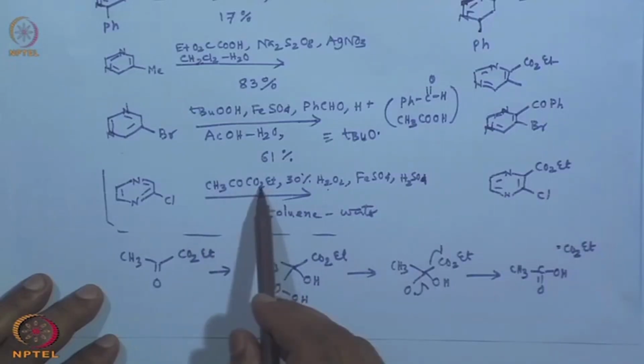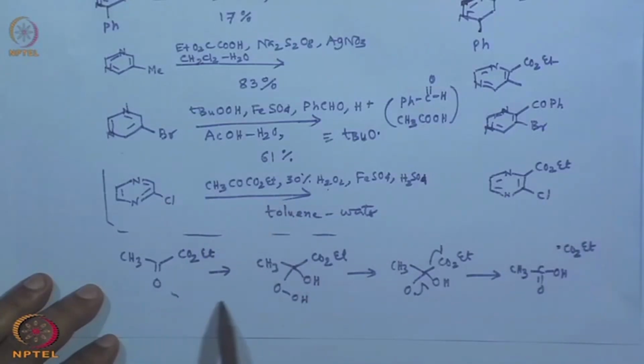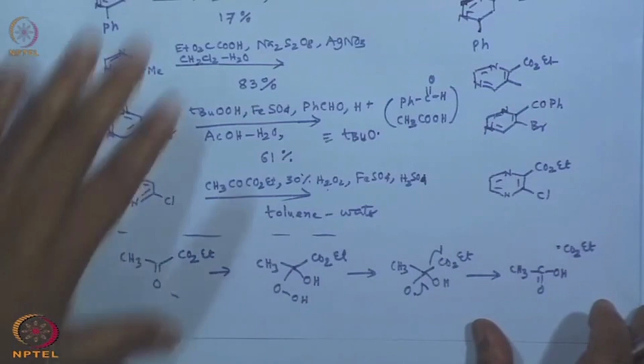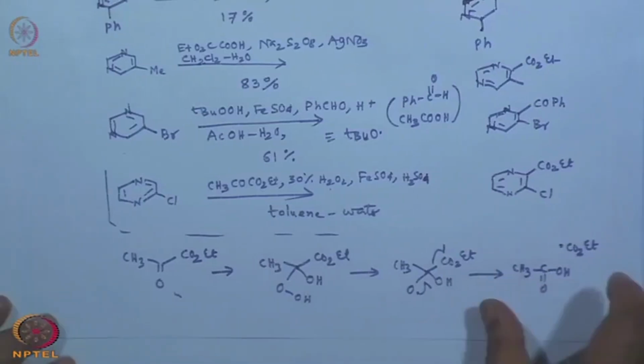There is no carboxylic acid, so the radical should be generated through these hydroperoxide intermediates, hemiacetal of these carbonyl compounds, and then eventually decomposing. So, this basically gives you a rough idea about the types of reaction conditions that are used in the Minisci reactions.